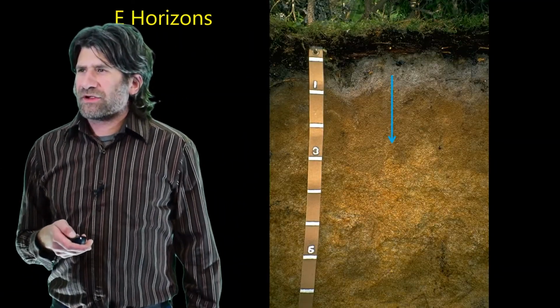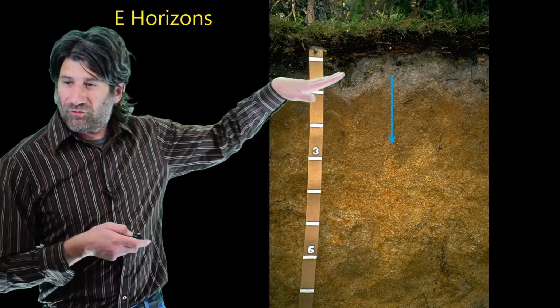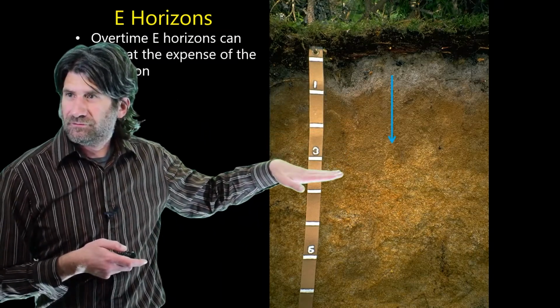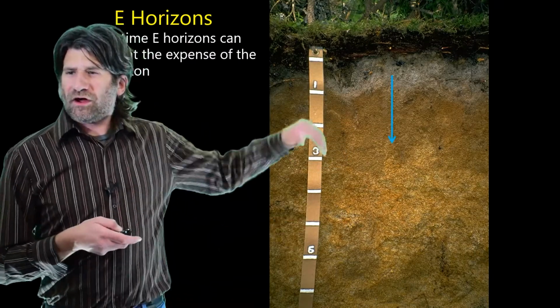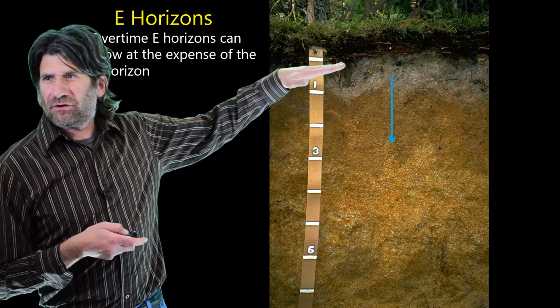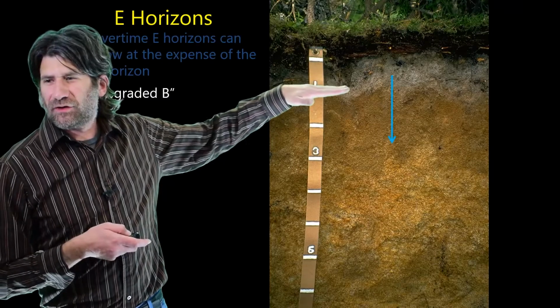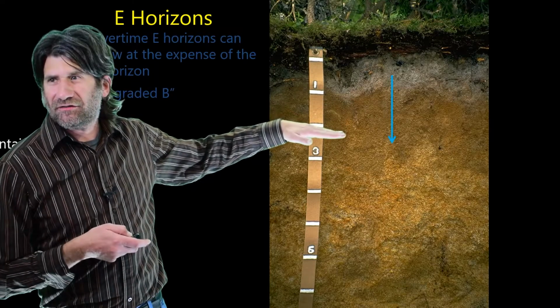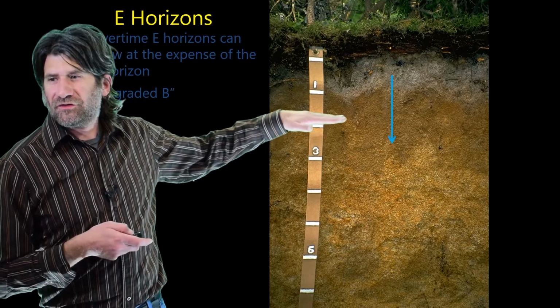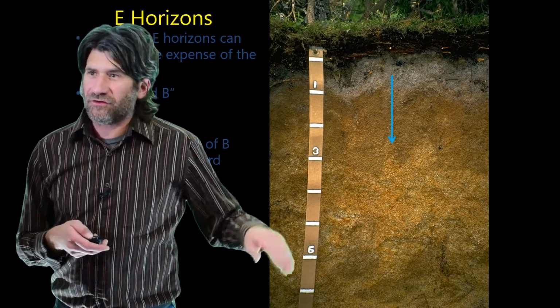So again, E horizons, that material is moving down. What we often see is that over time, E horizons grow at the expense of the B horizon. You get a degraded B as you're moving material out of that original. You can have kind of fragments of your B down.